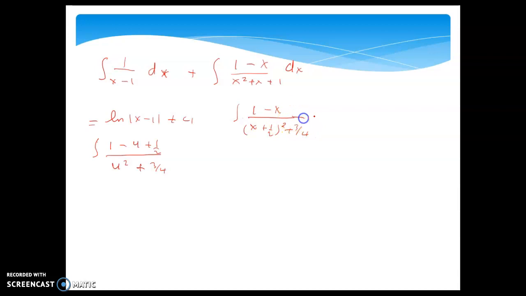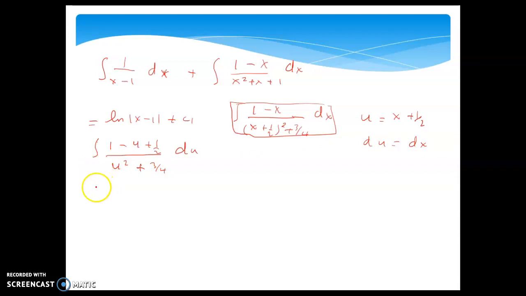This is by completing the square for the above function. When I complete the square, then I say u is equal to x plus 1/2. And then now I substitute in here du. So du is equal to dx.